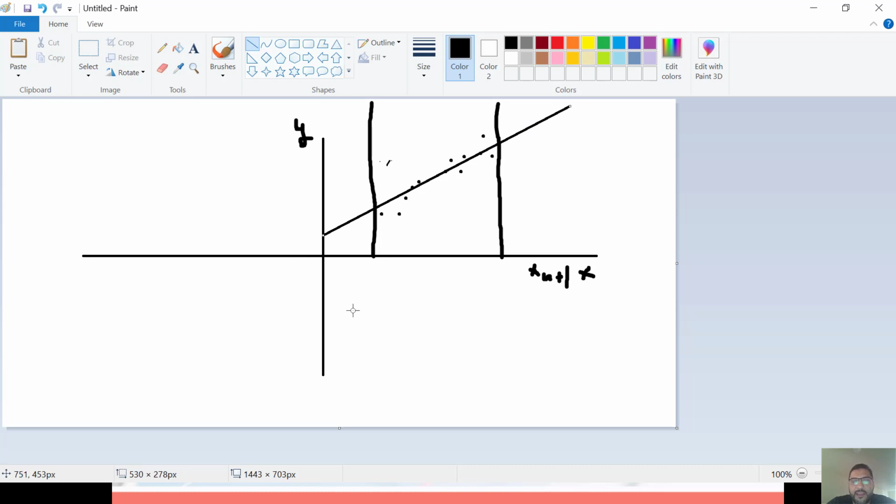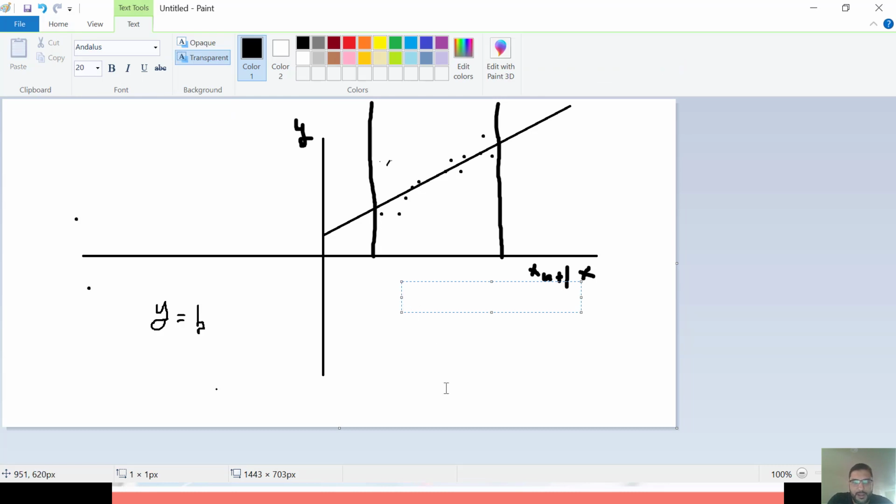So basically, any equation: y equals a constant b0 plus the slope b1, the slope of the line, times x, the variable that we are talking about. So this is the equation that we want to build to get this line.